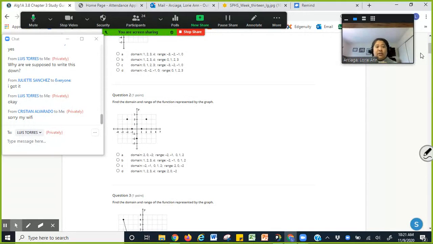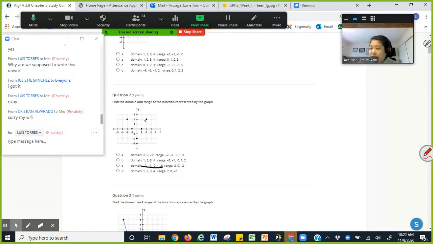All right, so we're going to do the same thing for number 2. I'm not going to spend so much time on something that's very similar to what has been discussed, okay? So the domain here will be from -2 and then -1, 0, 1, and 2. So I'm just following where the dots are, and I'm looking at their x value. That's how you find the domain. Okay, so far this is giving you the domain, yeah?